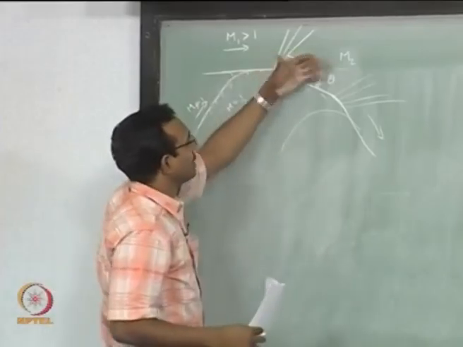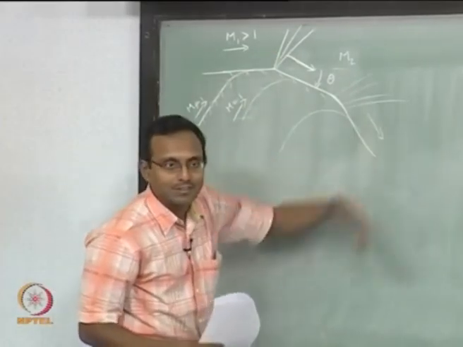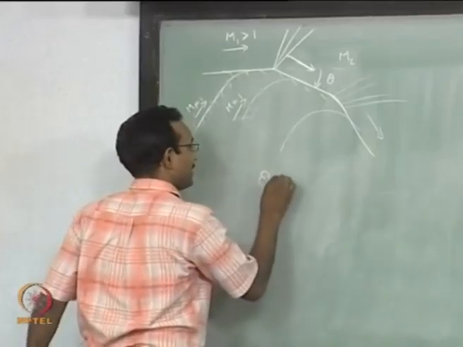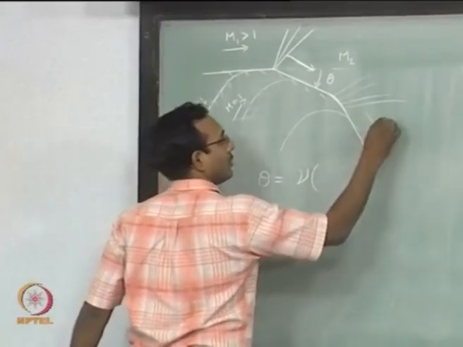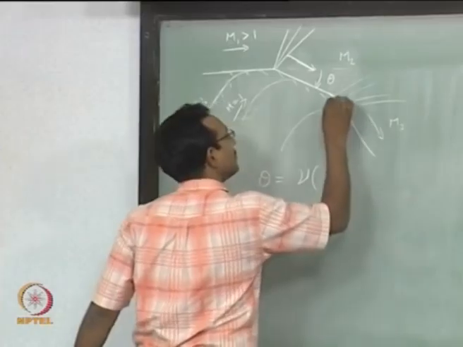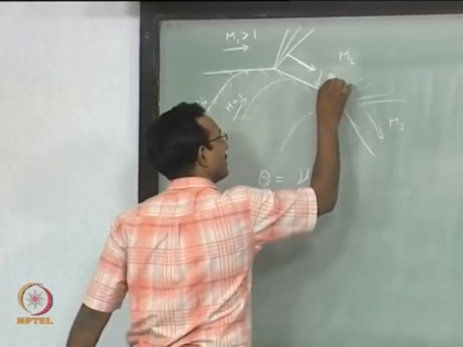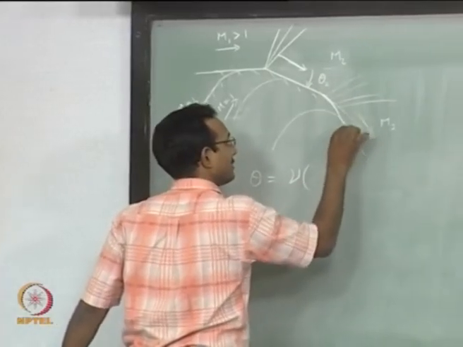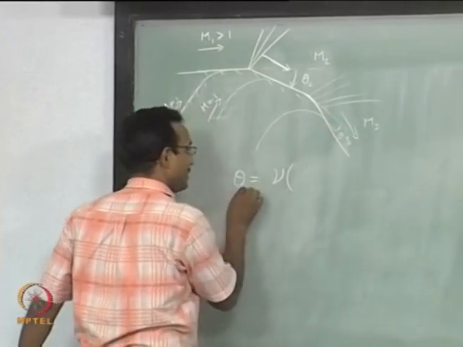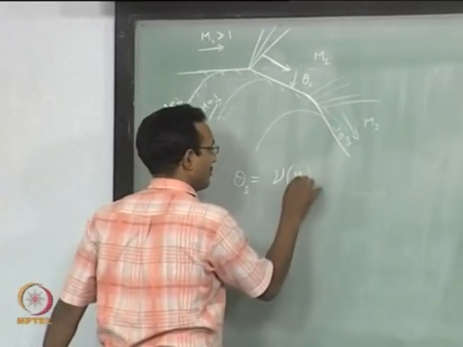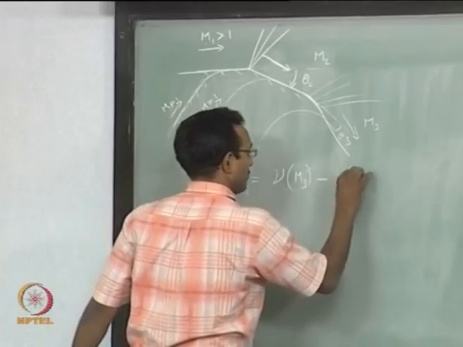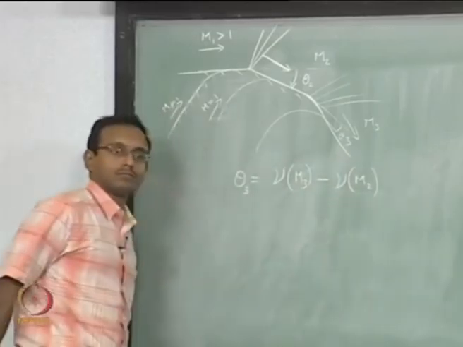I stop here, I continue to move over here. So I can tell that theta equal to, I will call this m3 now. Oh, I named it theta. I call this theta 2 and I will call this theta 3. I will put theta 3 equal to nu of m3 minus nu of m2.